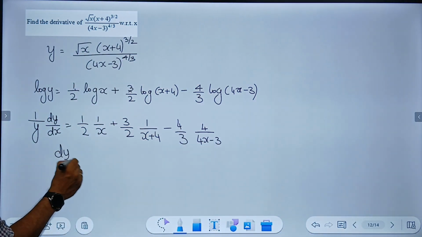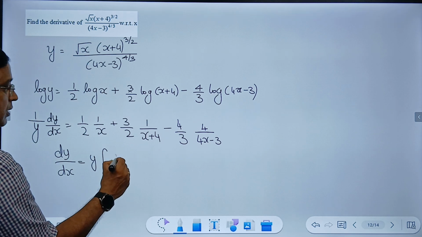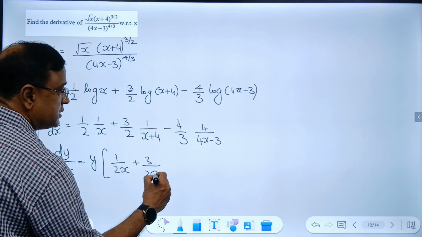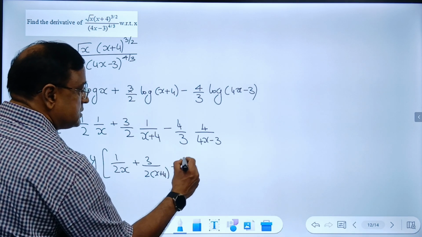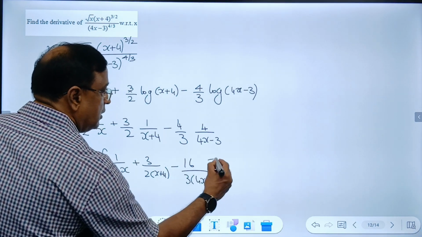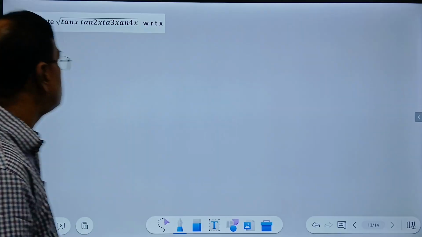So now you can write the final answer. Dy by dx is equal to y into 1 by 2x plus 3 by 2 into x plus 4 minus 16 by 3 into 4x minus 3. You can leave it here or I can substitute the value of y. Okay. Very simple. Now let's do the last problem.